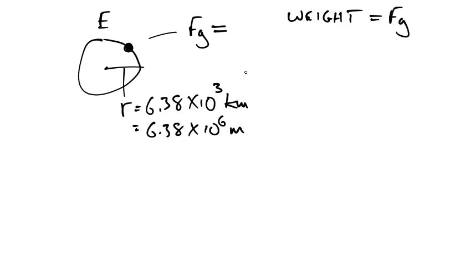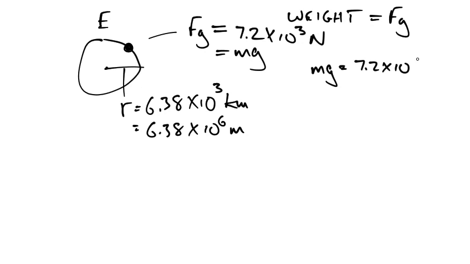They give you the weight as 7.2 times 10 to the power of 3 newtons, on the surface of the Earth. And we all know that force of gravity is equal to mg. So for this spacecraft, mg is equal to 7.2 times 10 to the power of 3 newtons.